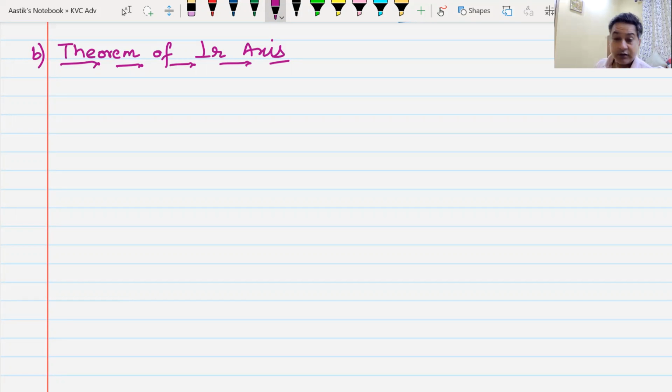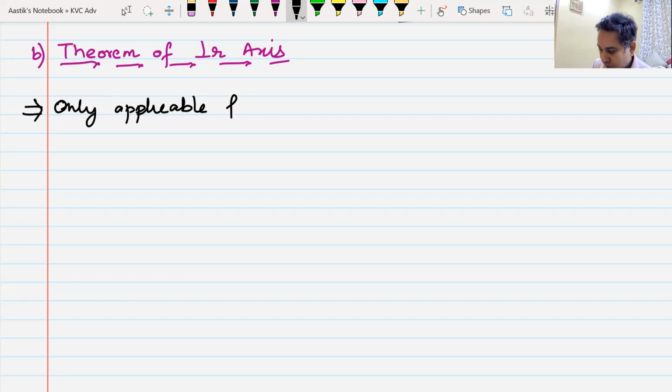Now remember, previous theorem was applicable for all types of body. This is only applicable for two-dimensional bodies.